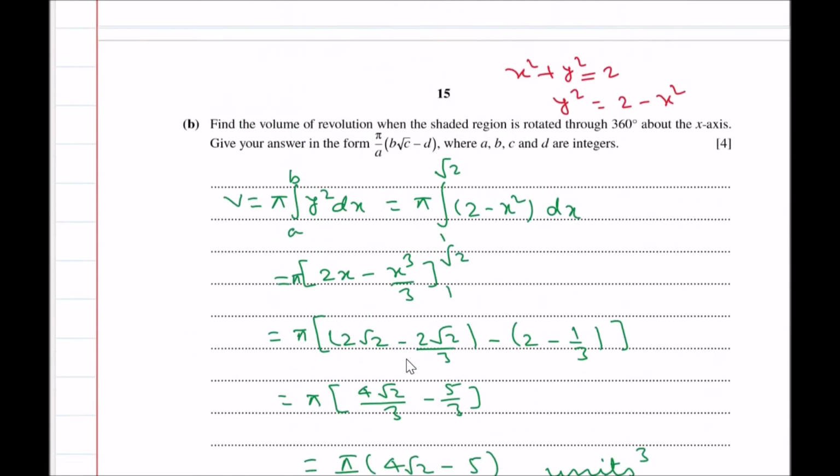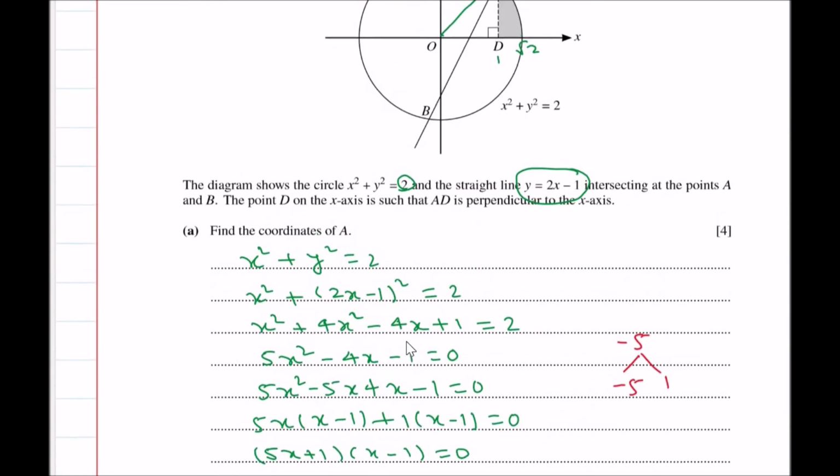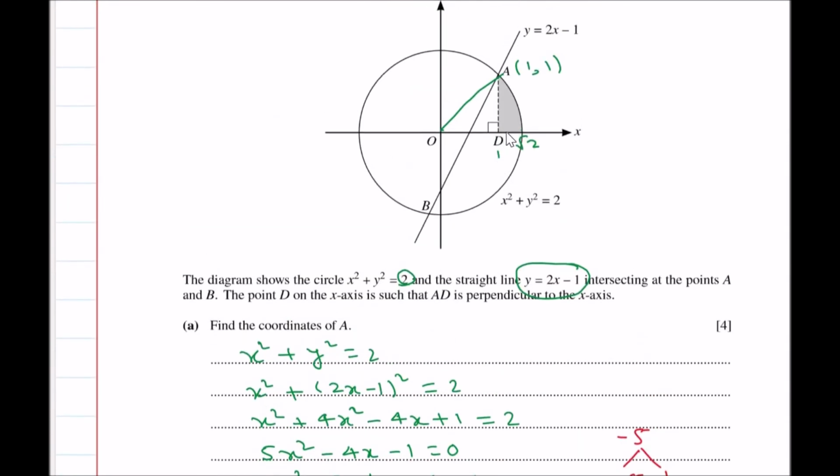Next, part C, it is asking: find an exact expression for the perimeter of the shaded region. So we have to find the perimeter of the shaded region. So let's see. Here it is. Perimeter means we need to add these lengths. Let me show you on the diagram.